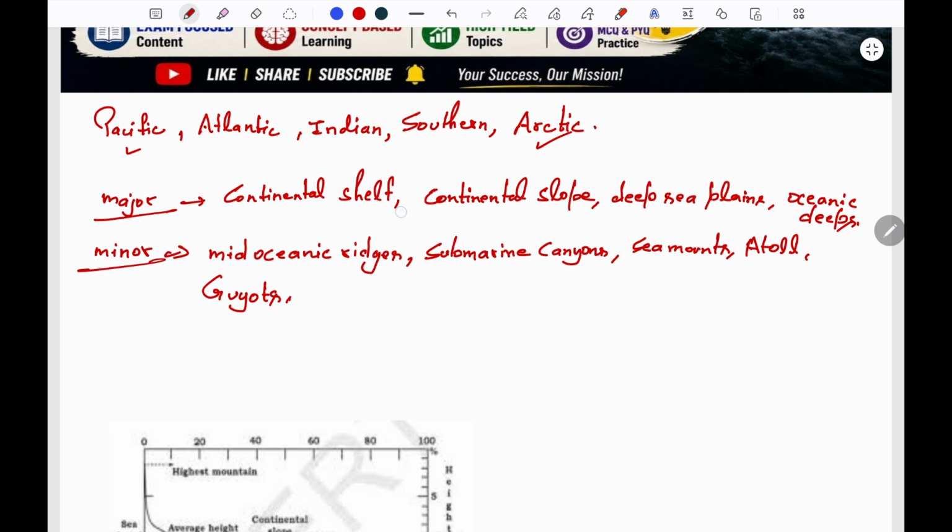Now starting with the continental shelf. Geologically, it is the extension of the part of continent, and it is the shallowest part of the ocean, and the gradient, that is slope, here is 1 degree or even less than it.